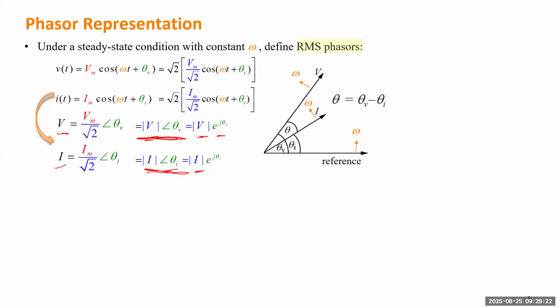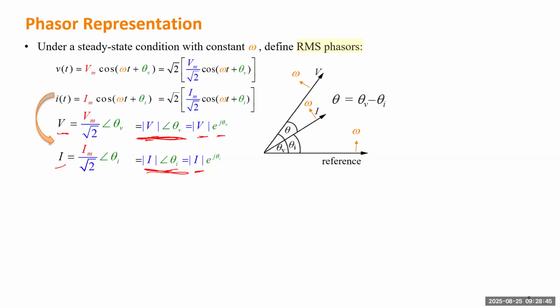Compared to the previous slides, we define a reference frame revolving at angular frequency omega, with voltage and current occurring as sinusoidal waveforms changing at the frequency omega. So V and I, as the two phasors, will be revolving together with the reference frame.